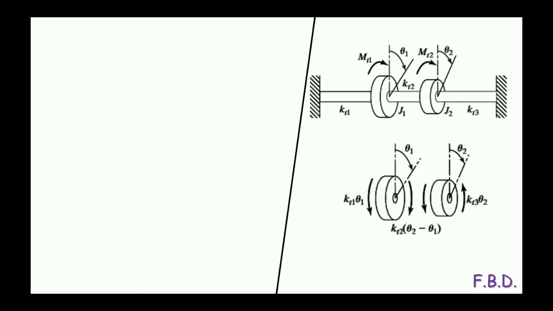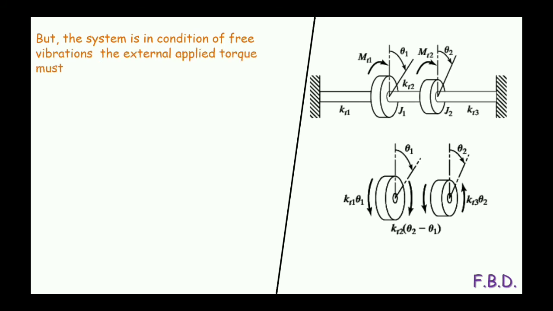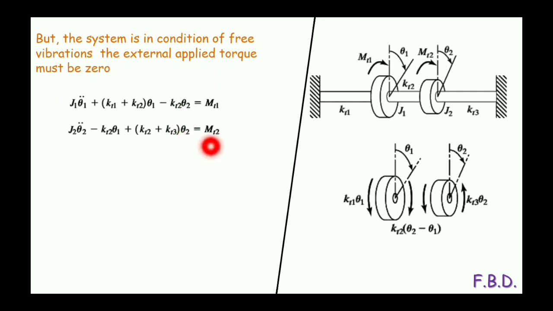We know that this system is in the condition of free vibrations. For these two equations, J1 theta 1 double dot plus (KT1 plus KT2) theta 1 minus KT2 theta 2 is equal to MT1, and the second equation, J2 theta 2 double dot minus KT2 theta 1 plus (KT2 plus KT3) theta 2 is equal to MT2.